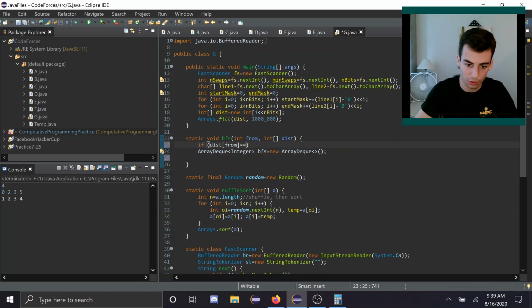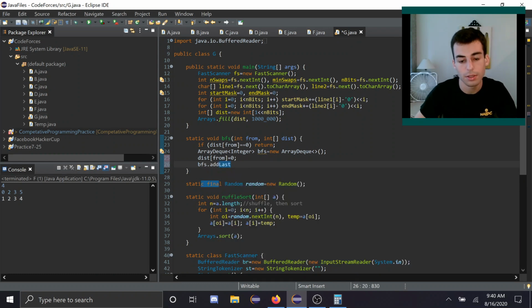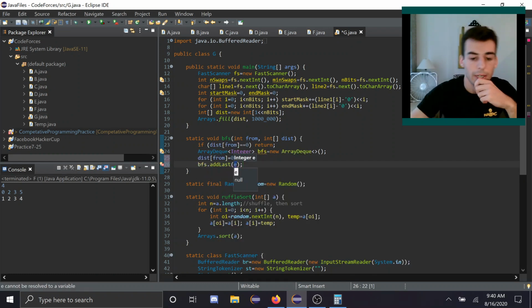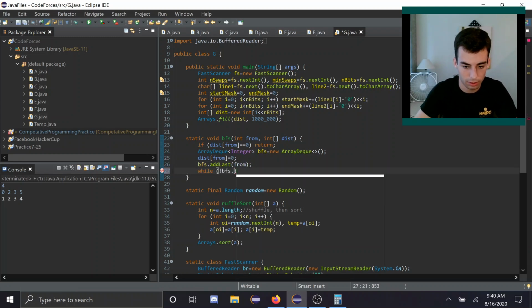If dist from is equal to 0, then return. Otherwise, dist from equals 0. BFS dot add last from.